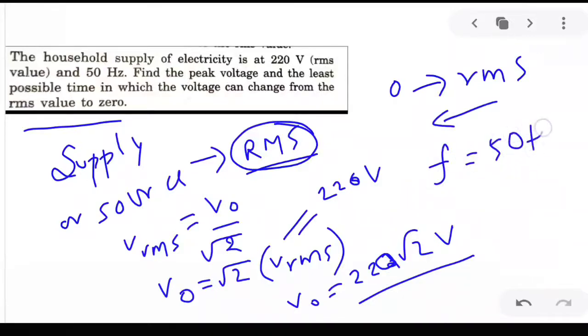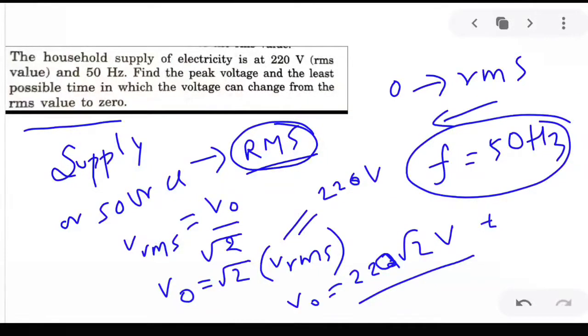In the first question also the frequency is 50 Hertz. So for the second part, as in question number 1, in similar fashion you can proceed and you will get the answer as t is equal to 1 by 400 second.